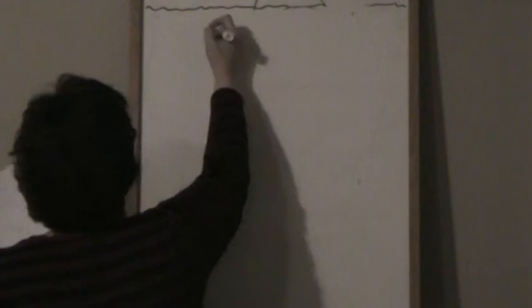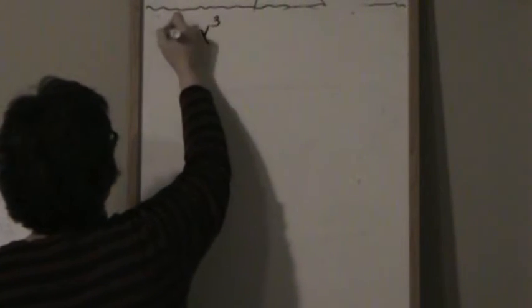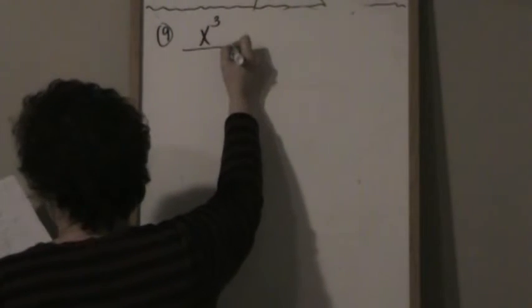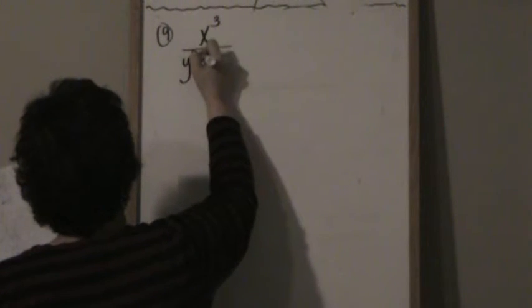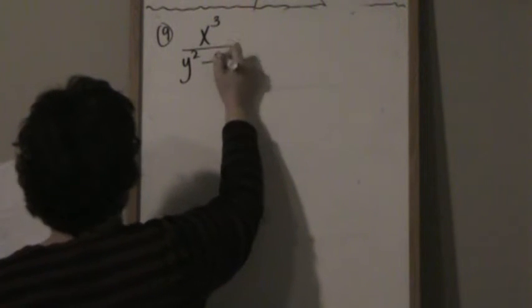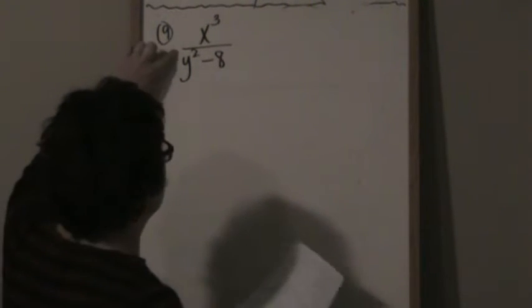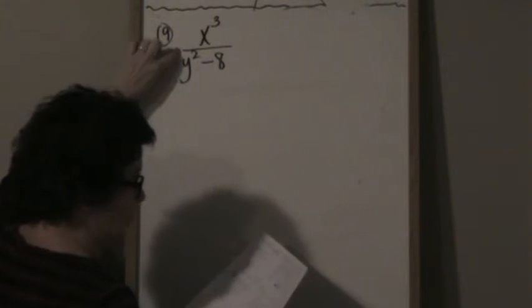Now, let's see if I can get number 9 right without writing it down incorrectly. X to the third power divided by y to the second power minus 8. Okay? That's a division sign. Don't let it throw you.